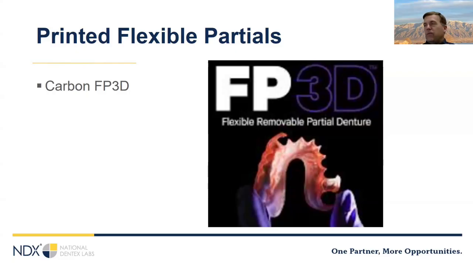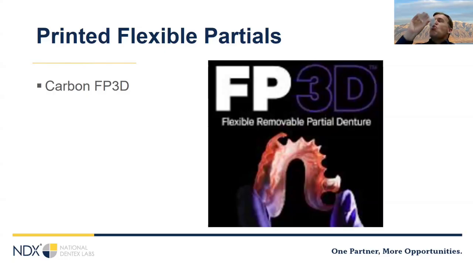So it has a pot life when you put the resin in to print. And then after it's printed, it needs to be cured in a salt tray in a heated oven to finally build out the chain. So for us laboratories, it's going to be a very different fabrication process than we're used to with printing.